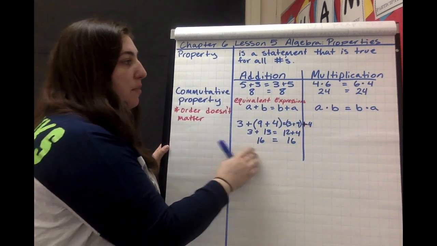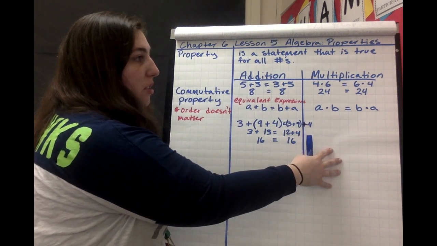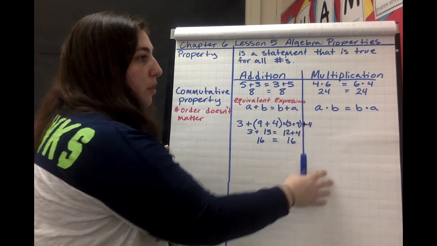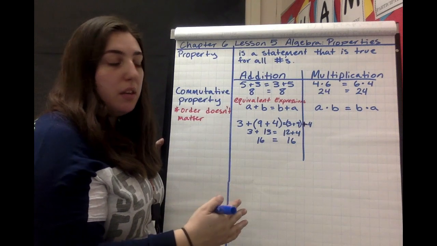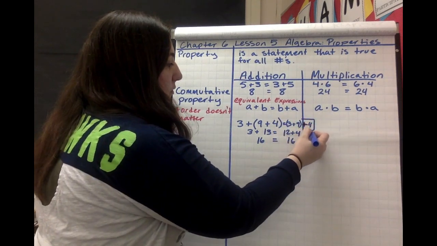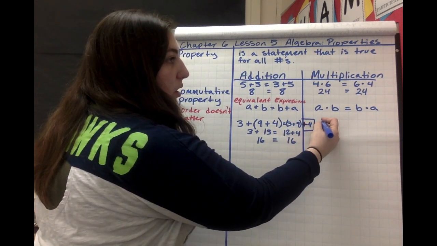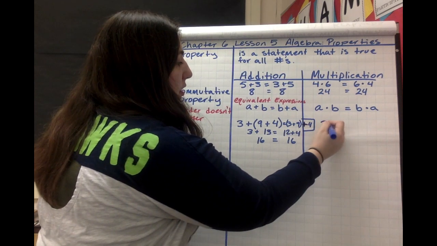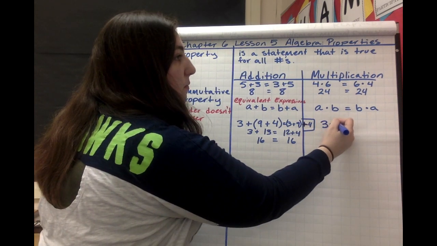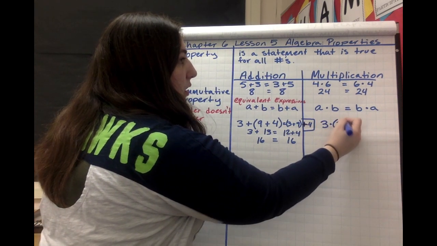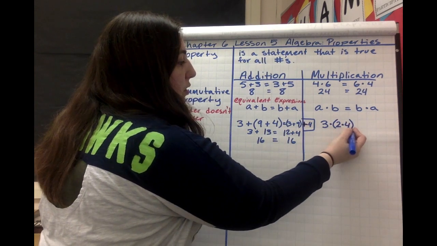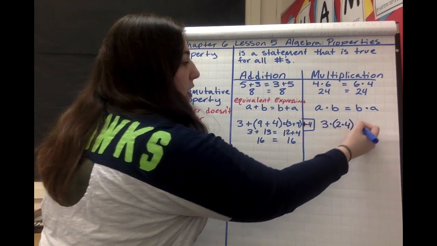Now I'm going to do the same thing on the multiplication side of it. With the multiplication side, I'm multiplying the numbers. Let's say I had 3 times 2 times 4, where 2 times 4 is in parentheses.